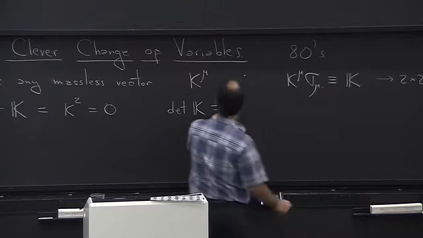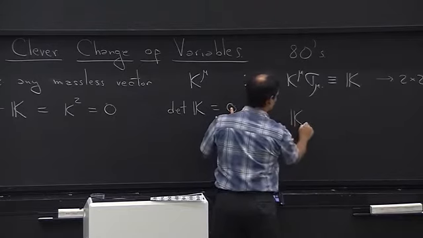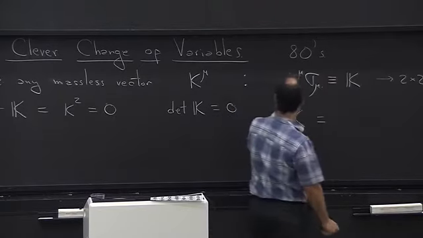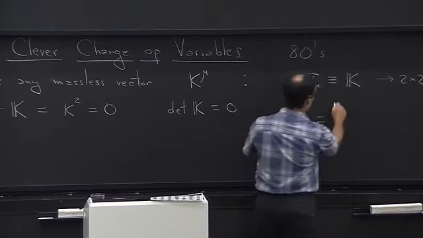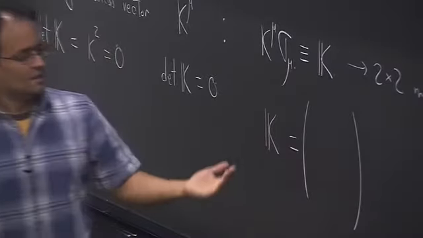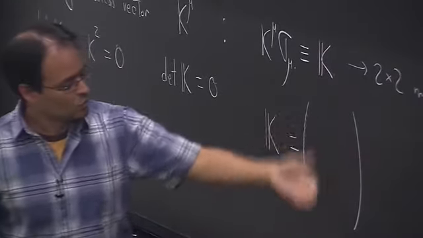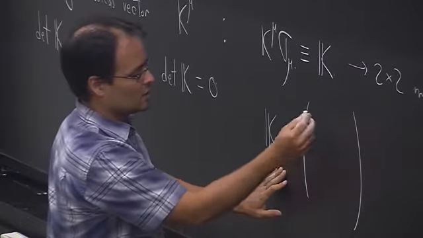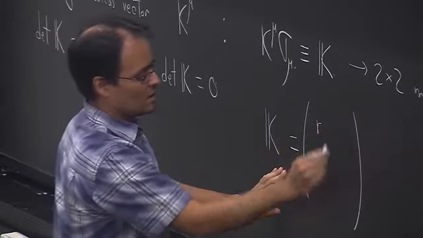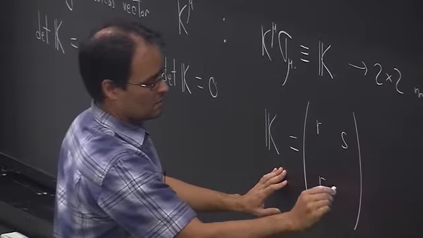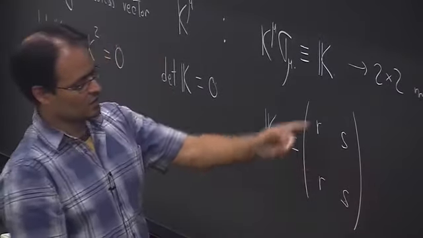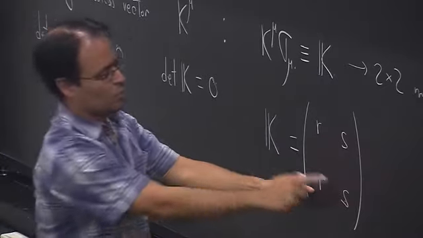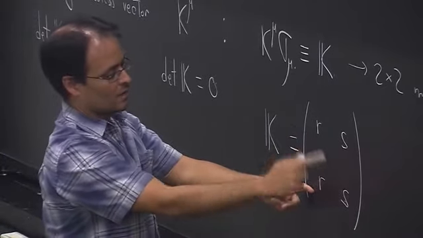And that tells us that we can introduce new variables. How is that so? Because if K is a matrix that has determinant 0, it means that its 2 rows or its 2 columns are proportional to each other. So say that the rows are R and S, and there is some proportionality constant that relates the 2 rows.